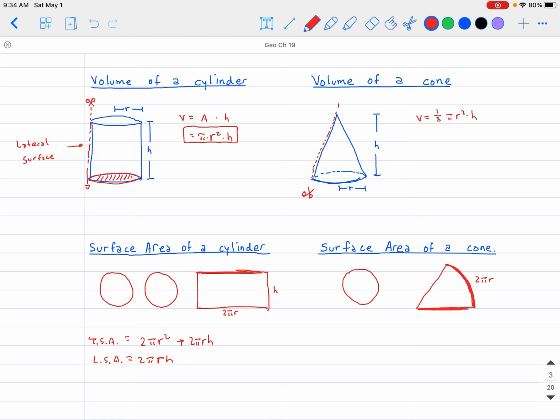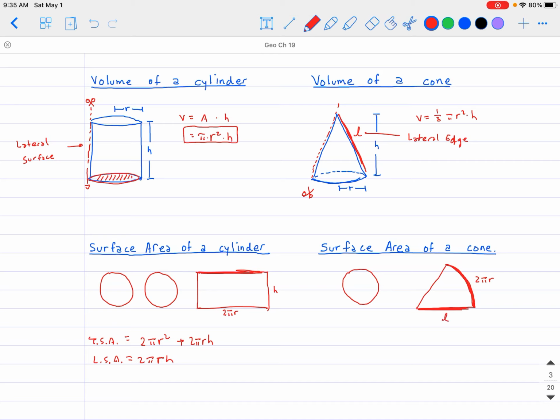So be very careful. The height is a vertical distance, whereas this right here is going to be this guy over here. So we're going to call that L, which is another word for lateral edge. So L stands for lateral edge.